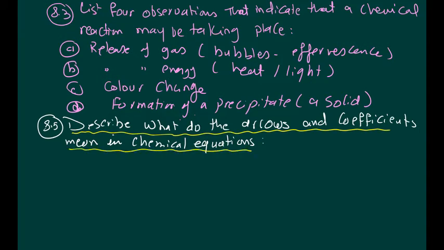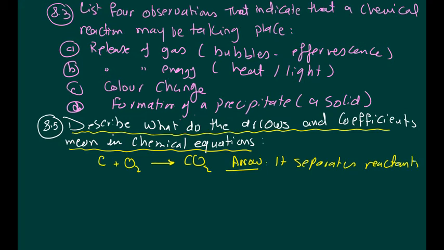The next KPI: describe what the arrows and the coefficients mean in a chemical equation. Let's take an example. If I say C plus O2 equals CO2, what does the arrow mean? The arrow separates reactants from products and specifies direction.